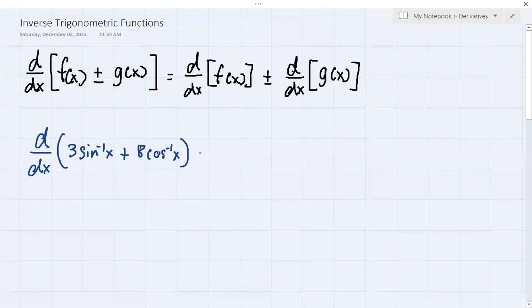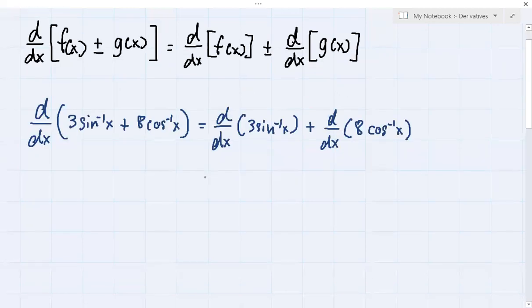So, in here, ang mangyari dyan, we will have the derivative of 3 times arc sine of x, plus derivative ng 8 times arc cosine x. So now let's differentiate these given terms.